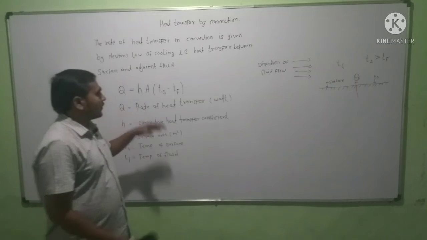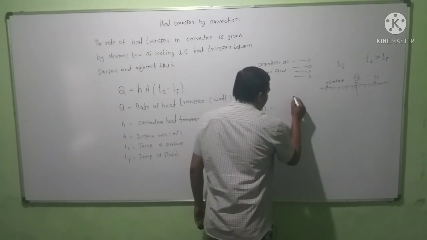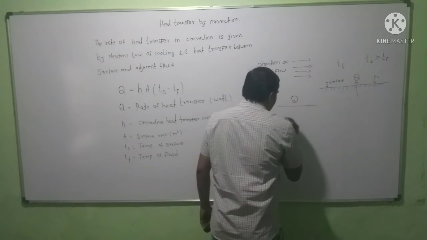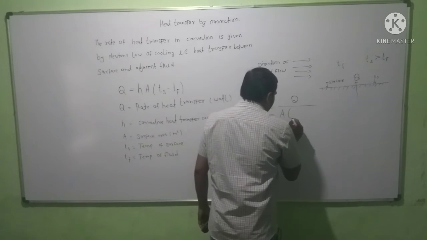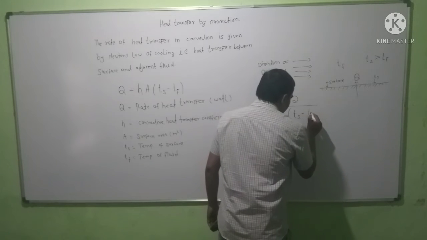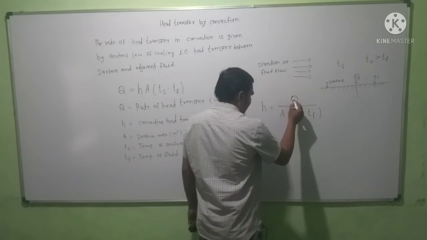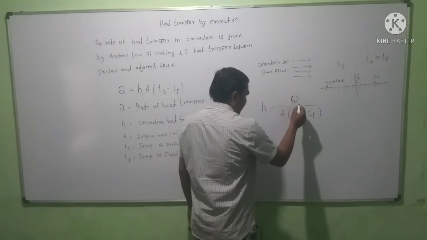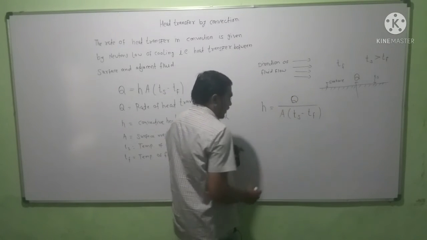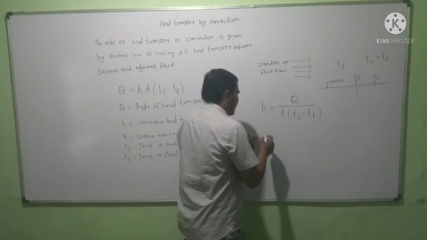So we can write H equals Q by A into Ts, surface temperature minus fluid temperature. Friends, according to this we can find out the SI unit.